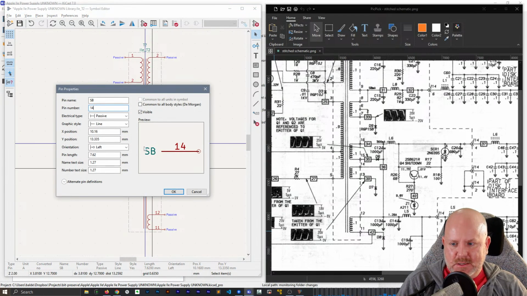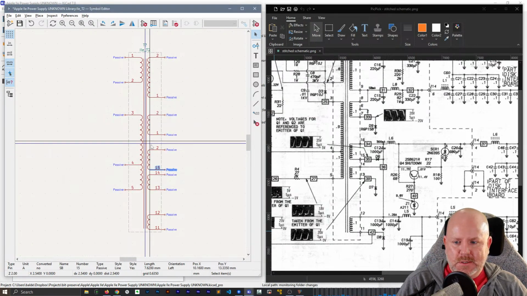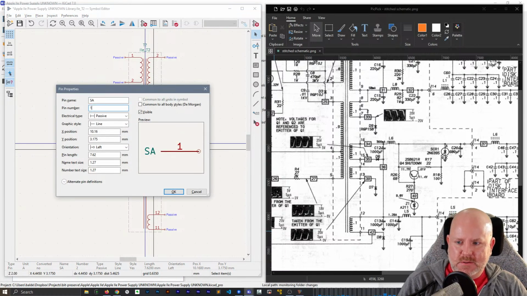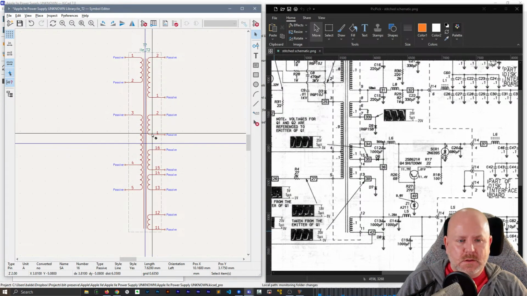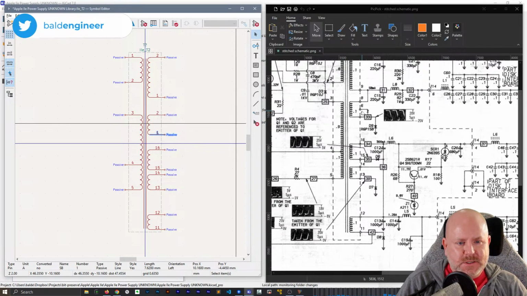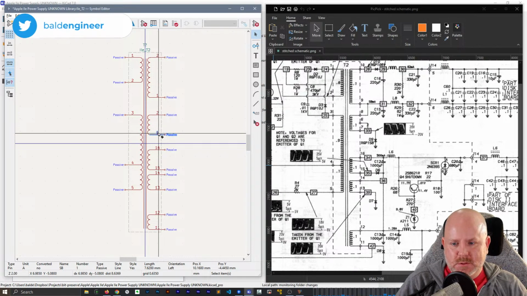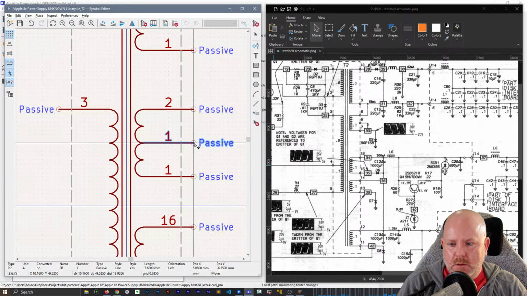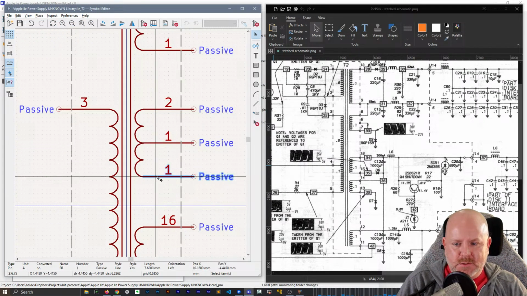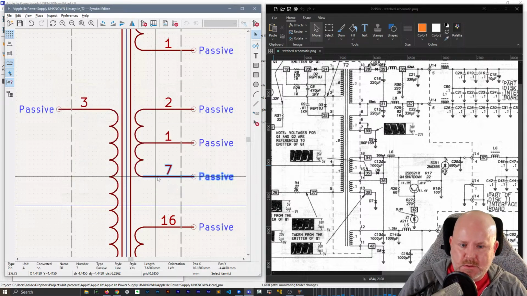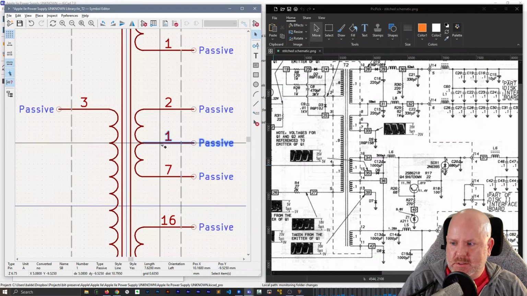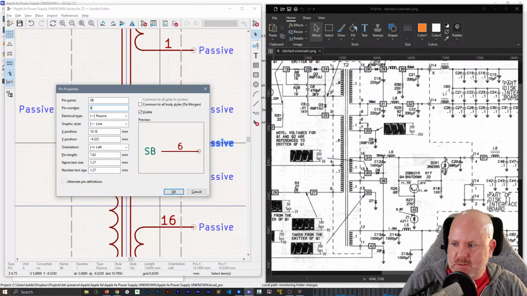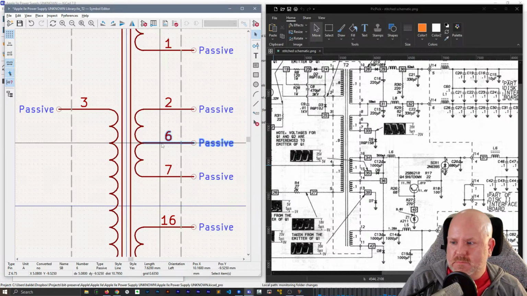And 15. And 16. Ooh, look at this. There's an extra tap in here, isn't there? Whoops. Okay, well, we can make that happen. So this is 7. This is 6.